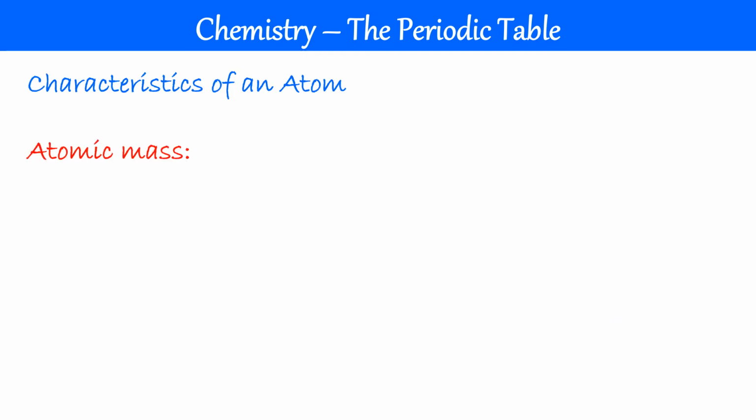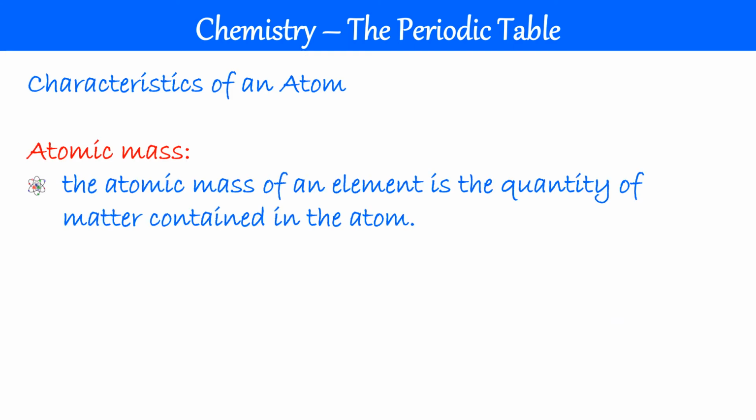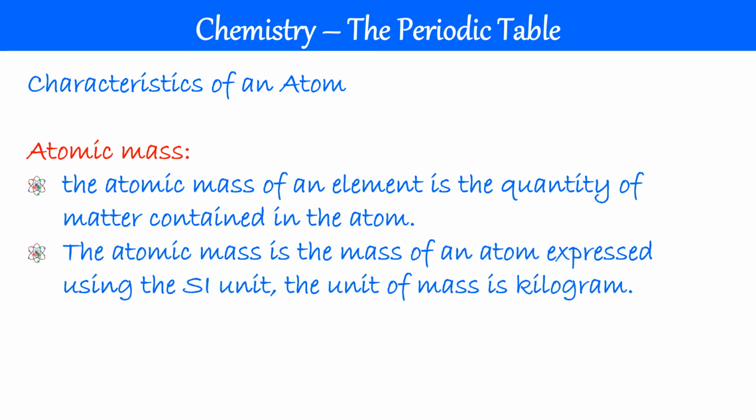The atomic mass. The atomic mass of an element is the quantity of matter contained in the atom. It's a measure of this amount. The atomic mass is the mass of the atom expressed using the SI unit, and the SI unit of mass is the kilogram.